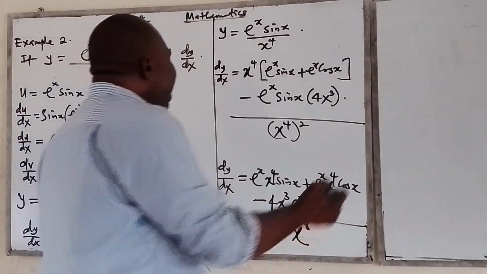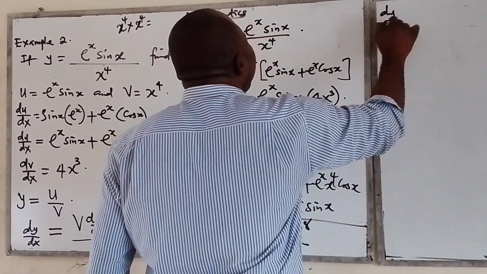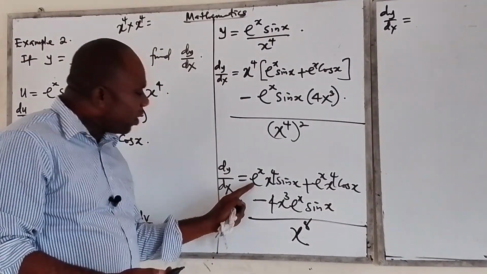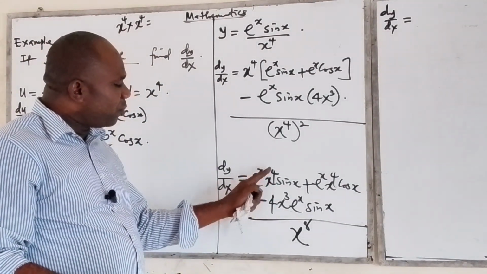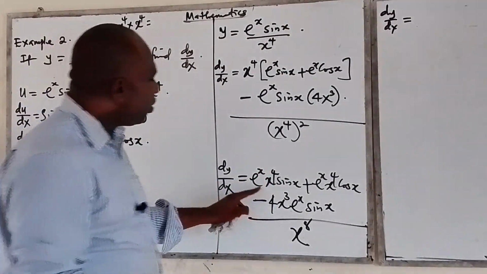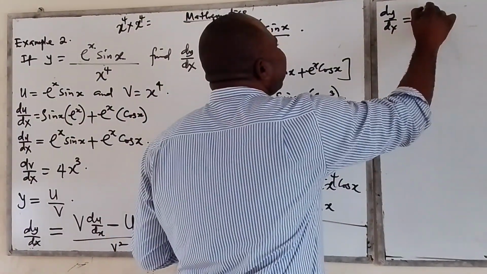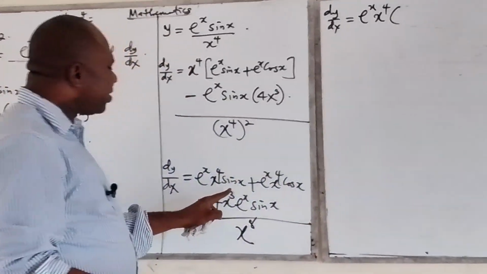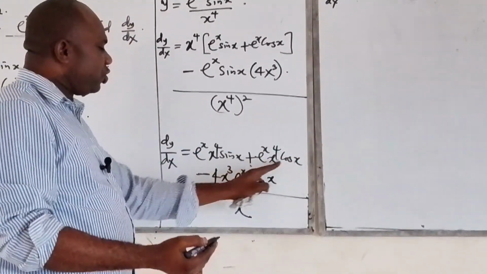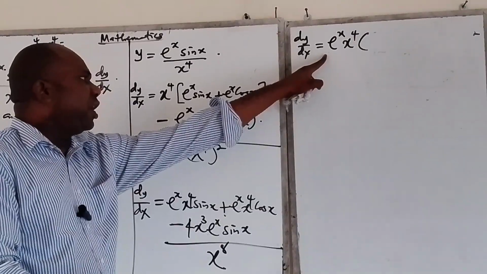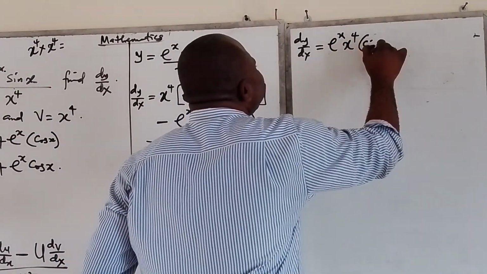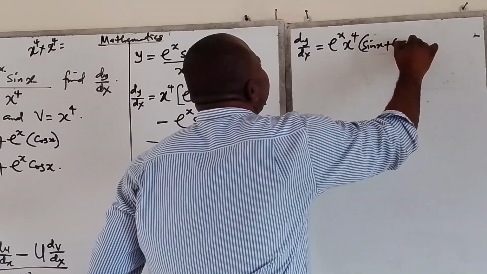So therefore, dy over dx will be equal to, if you look at this function, we have e power x and x raised to the power of 4. So here we have e raised to the power of x times x raised to the power of 4 in brackets sine x plus cos x, because these two functions are already factored out.